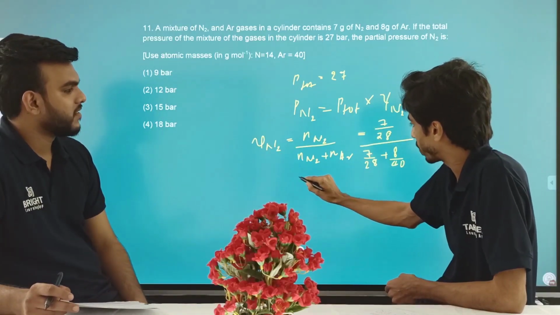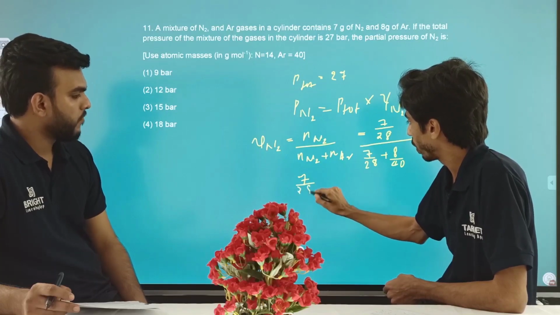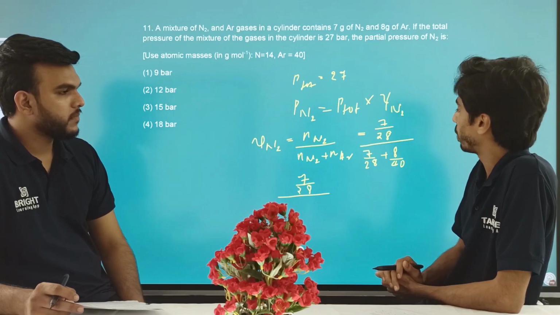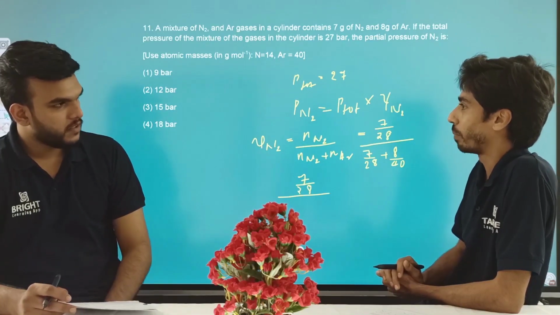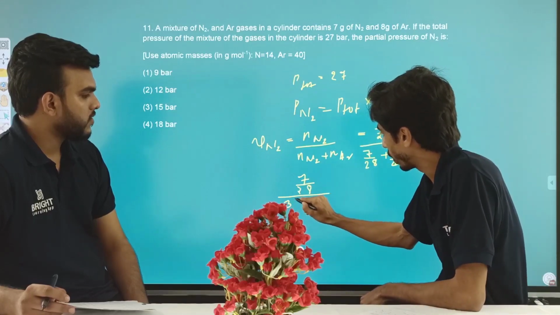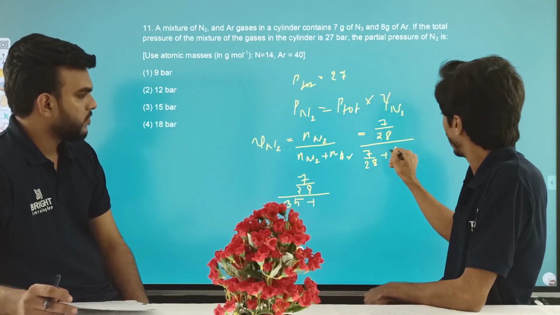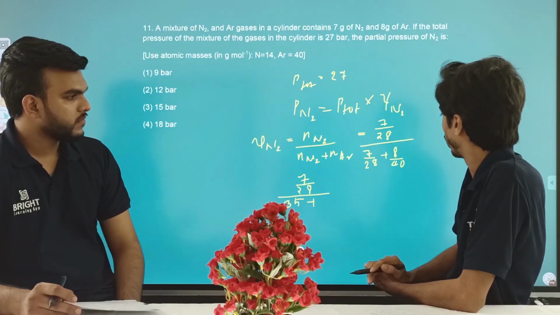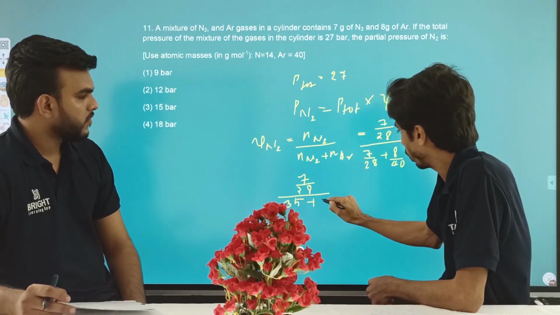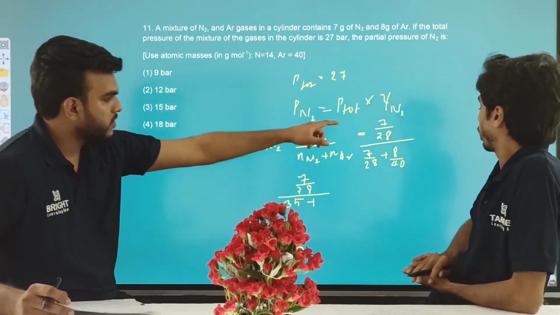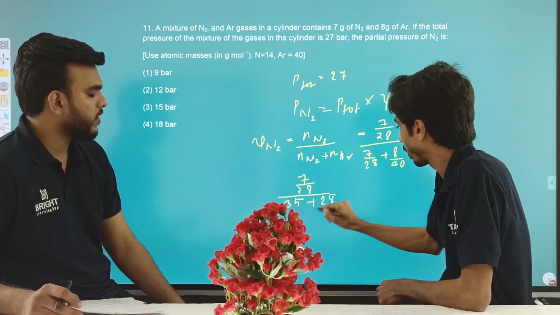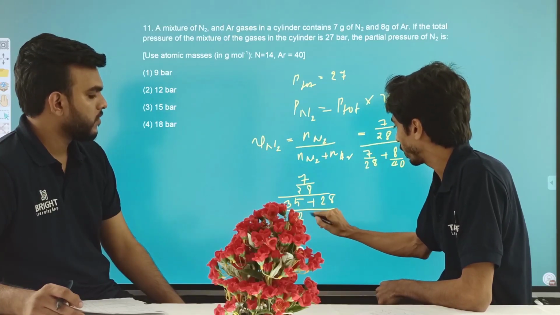So the calculation will become 7 by 28 divided by 7 by 28 plus 1 by 5. Let them take 28 into 5 as the LCM. So the numerator is 7 into 5, which is 35, plus 28 only, divided by 28 into 5.